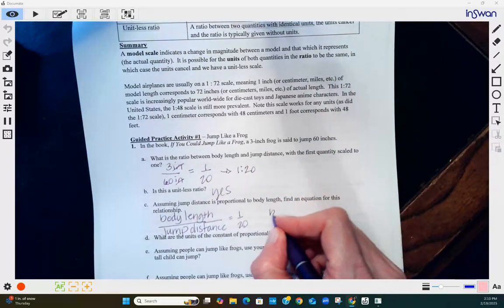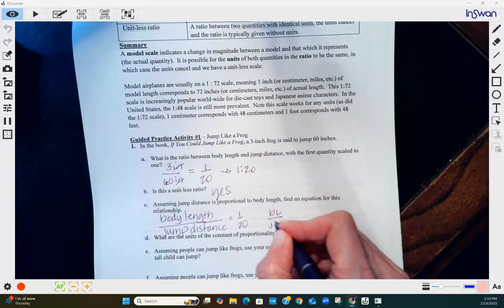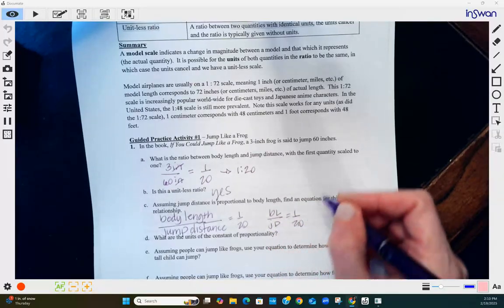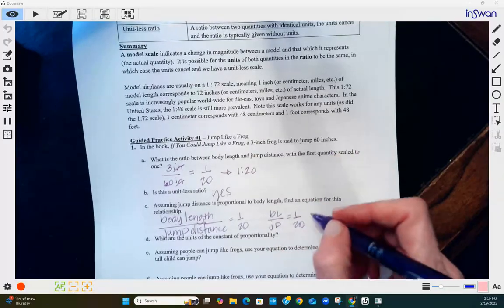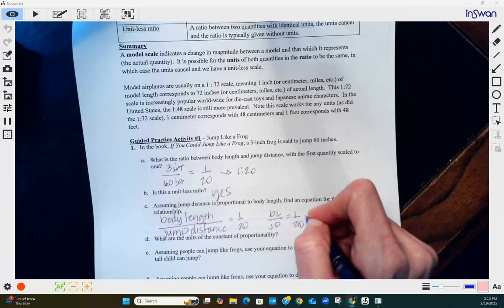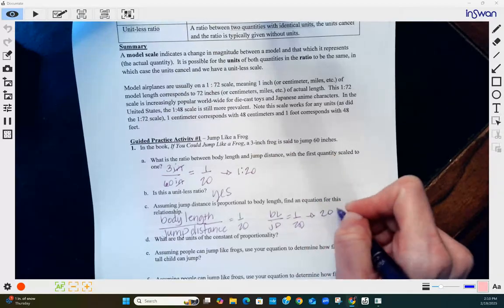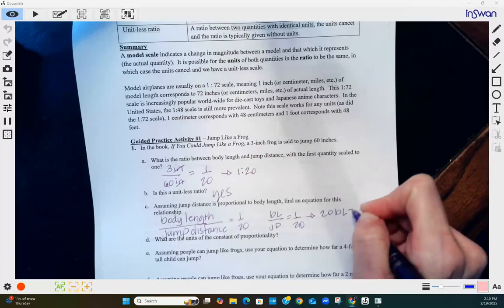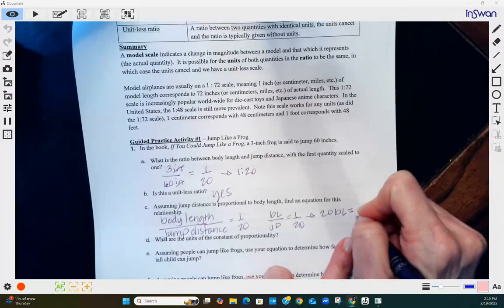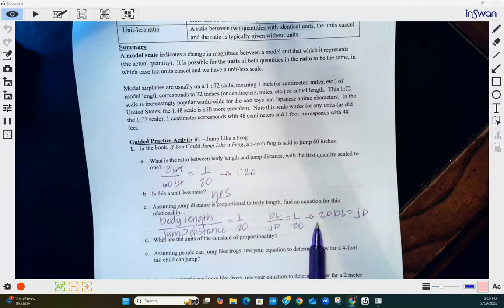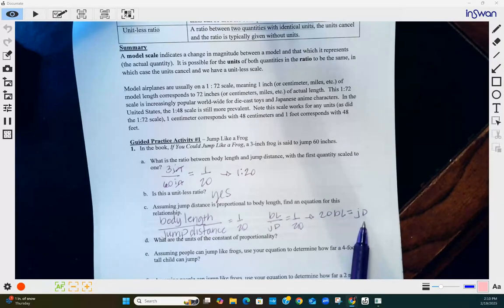So I'm going to say body length over jump distance equals 1/20. So what I can do is I can cross multiply, which would give me 20 times the body length equals 1 times the jump distance. So that kind of becomes my formula. If I know the body length, I can multiply it by 20 to get the jump distance. If I know the jump distance, then I can divide by 20 and that'll give me the body length.